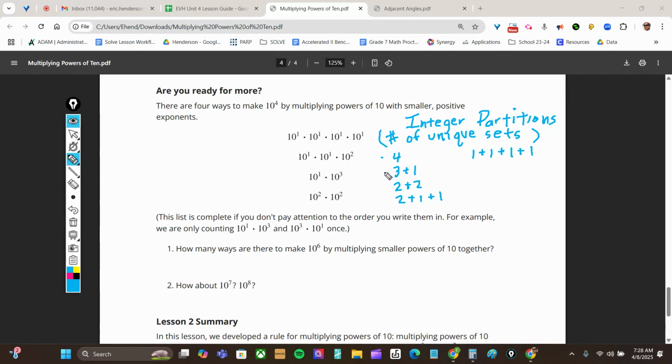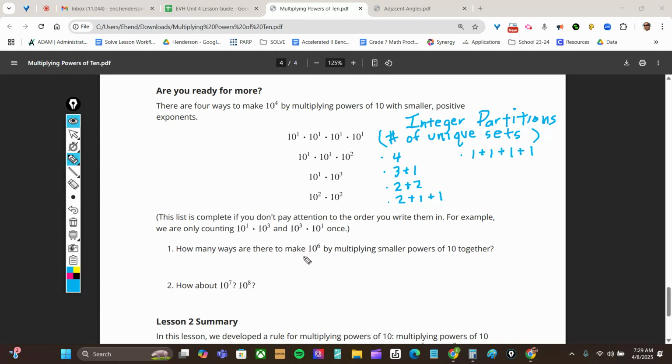So that's 5 unique partitions. Anyway, this is what I'm talking about. These are examples of how unique partitions work.